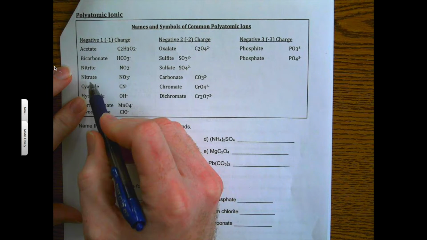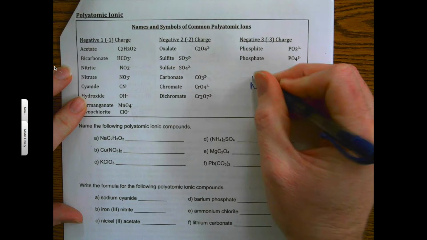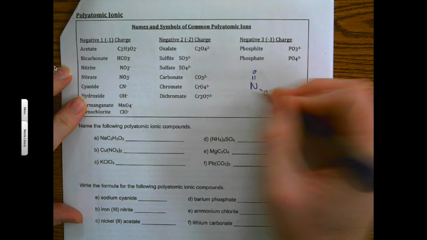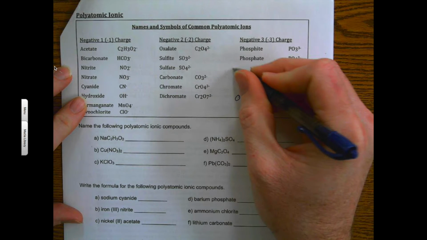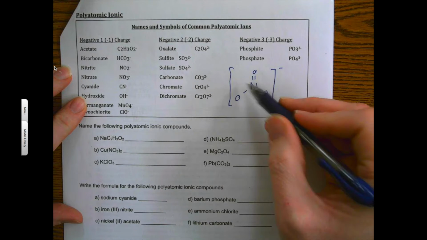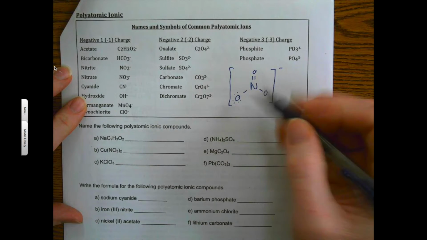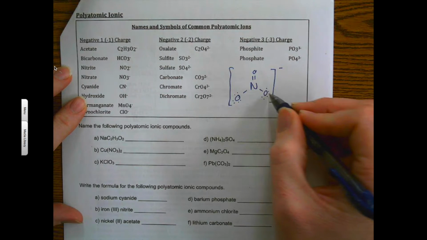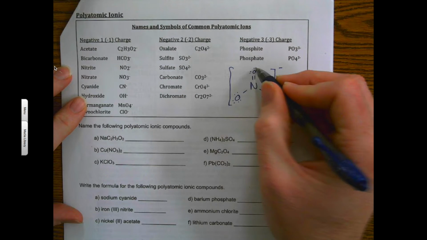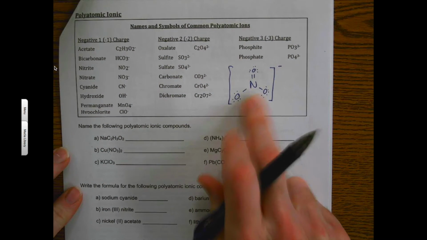So we'll look at nitrate again because that's a real popular one. And so nitrate has this cool little structure where they're all covalently bonded like this. There's actually lone pairs around there, but it is a whole group of that. And if you count up all the electrons that it's supposed to have versus how many it actually does have, it has one extra negative charge.